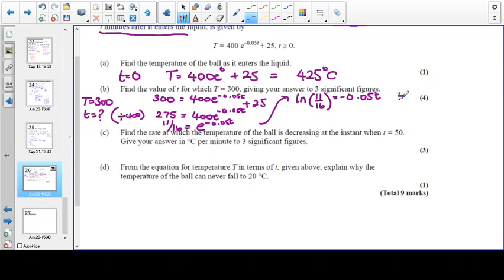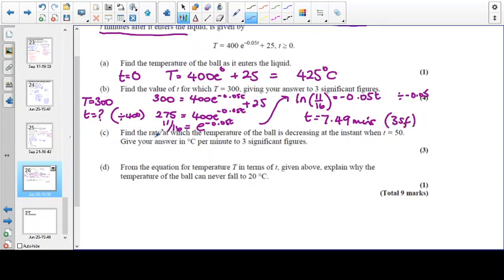So divide by negative 0.05, and that'll give us our time. So log of 11/16 divided by negative 0.05 is 7.49 minutes to 3 significant figures.